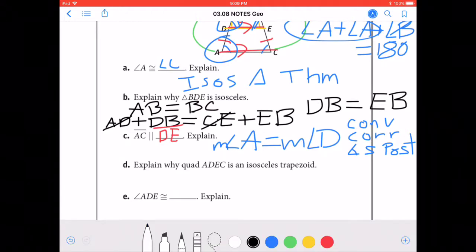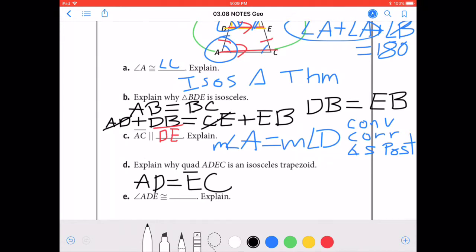This one's going to be pretty quick. We already proved that AD is equal for sure to EC. That was given to us, we didn't have to show it.